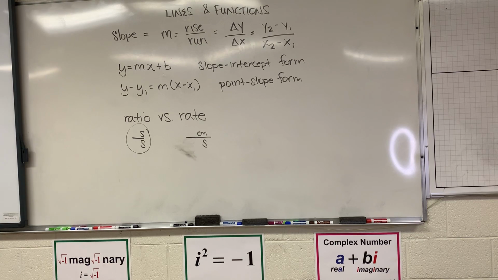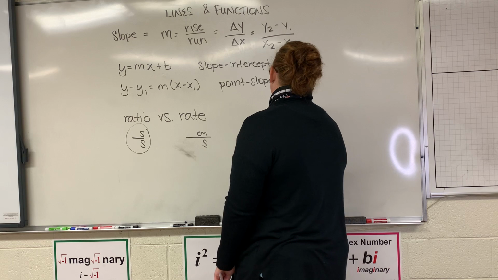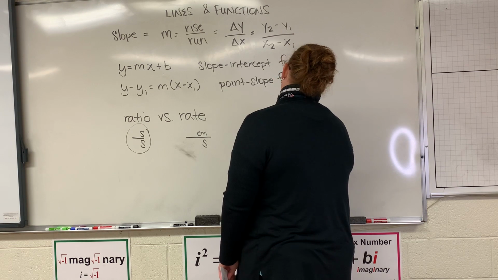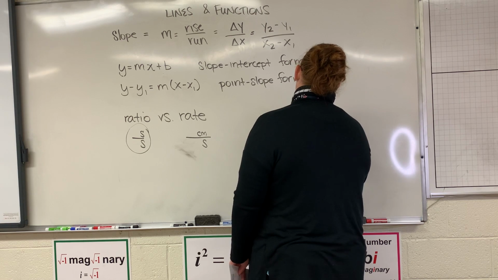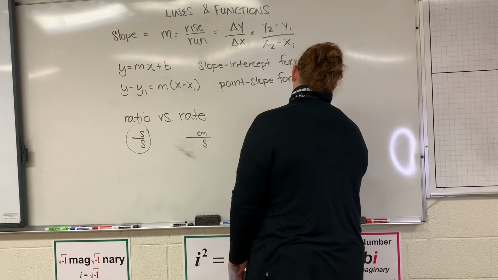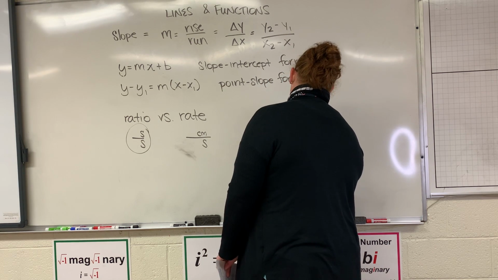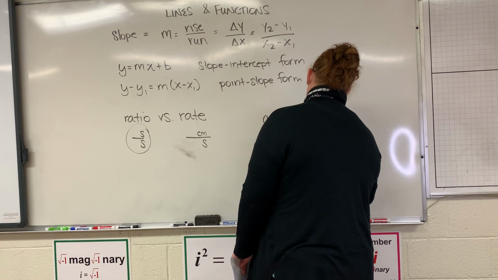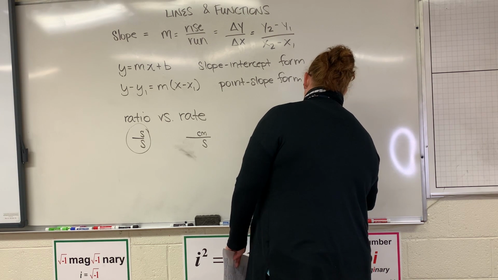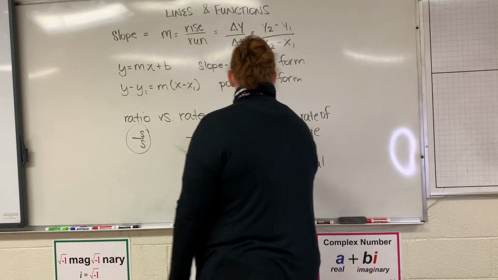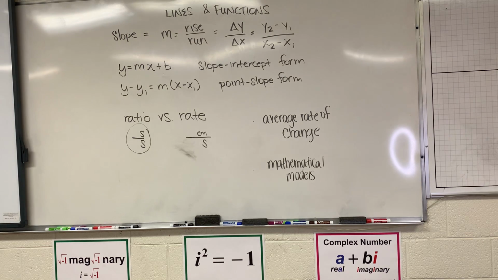But what that gets us to is an average rate of change for our mathematical models. Okay, and what that is, how does it change?